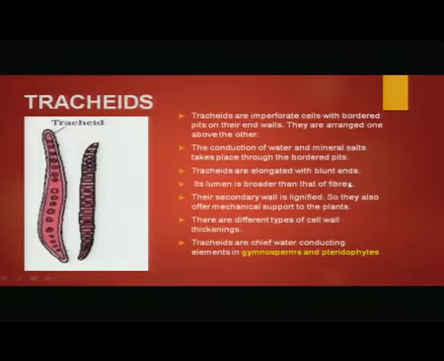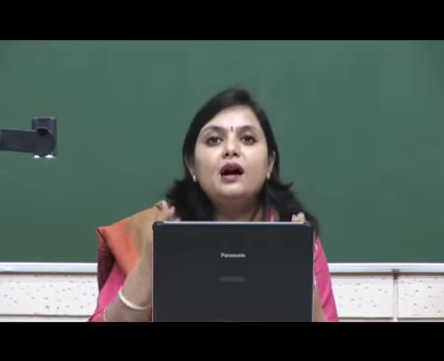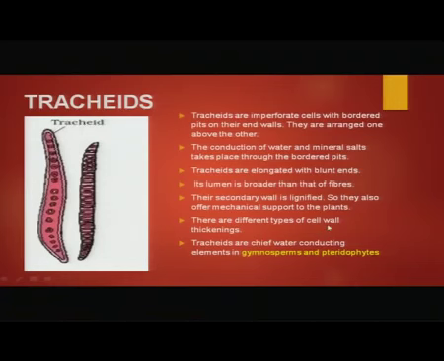As I said, they are just like fibers, but their lumen is broader than that of fibers. The secondary wall is lignified, so they also offer mechanical support. Wherever there is lignin, remember there will be support, because lignin forms quite a hard covering on the cell walls. The cell wall thickenings can be of different types.